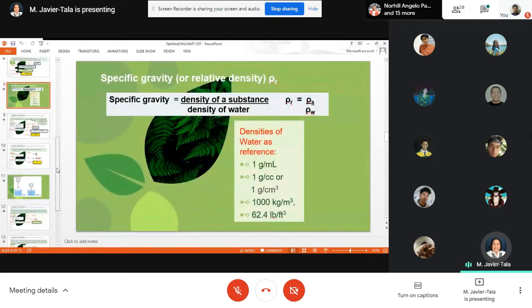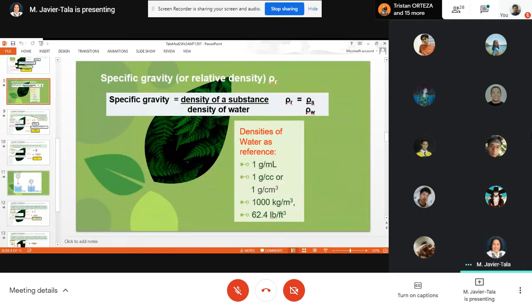So we go to another computation. Class, the next that we will be solving is specific gravity. In specific gravity, there is also another term for it: relative density.